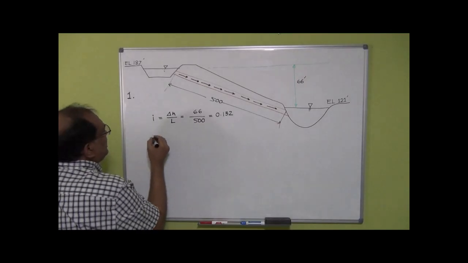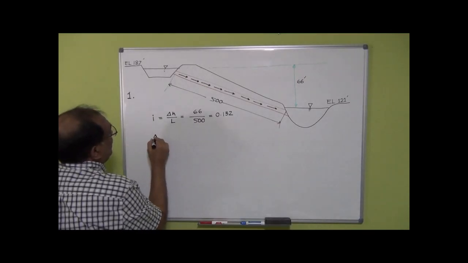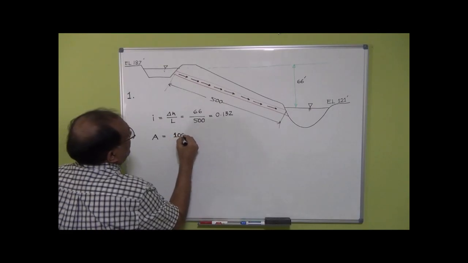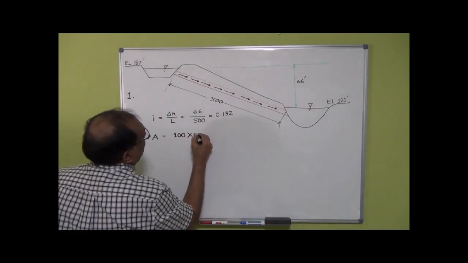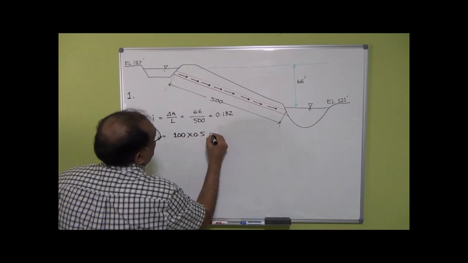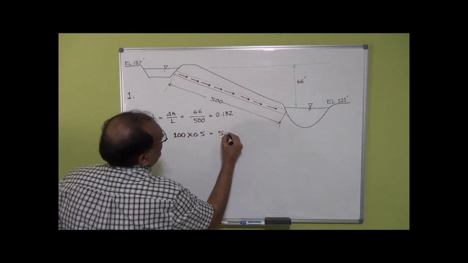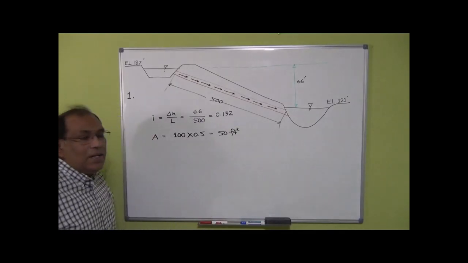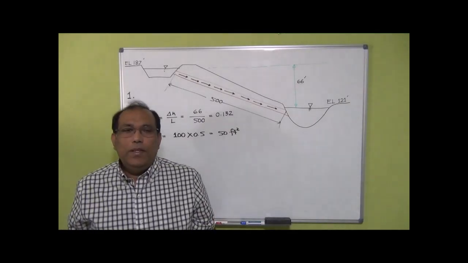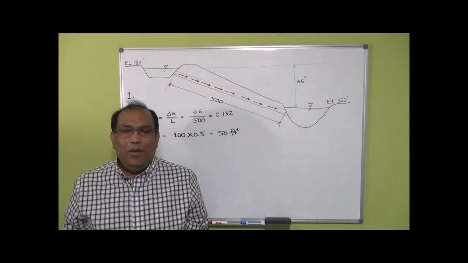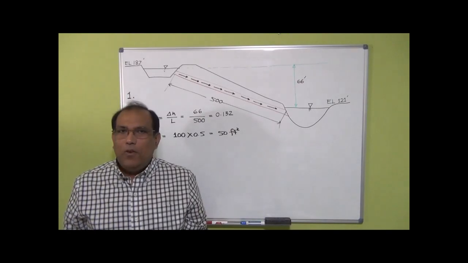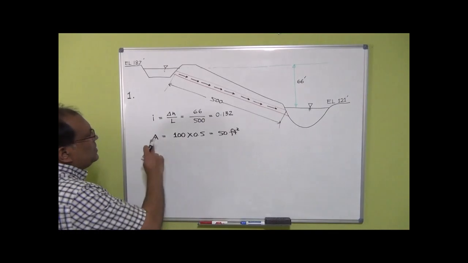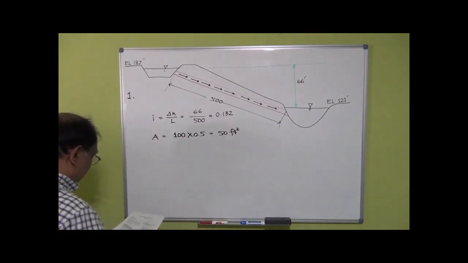So basically your area would be 100 feet multiplied by 0.5, which is actually 50 feet squared. Okay, so try to remember that your cross-sectional area of flow is always perpendicular to the direction of flow. So that's basically your A here.